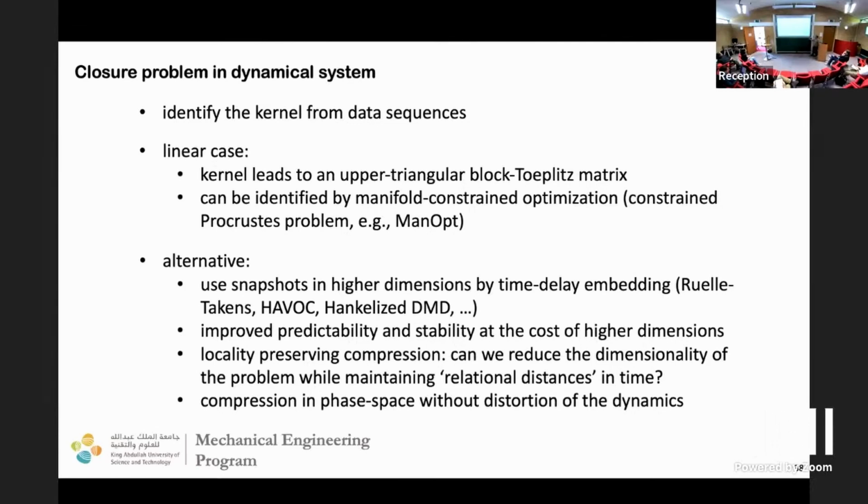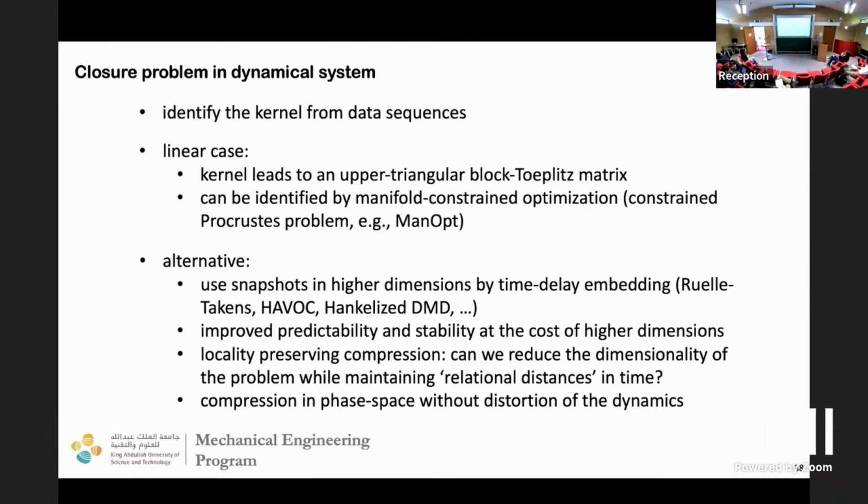There are a few alternatives of getting memory information into the identification of the kernel. The first one is to take snapshots in higher dimension by time delay embedding. This is taking snapshots and stacking them underneath, so that instead of processing the snapshots by themselves, you process little movie sequences of the snapshots.